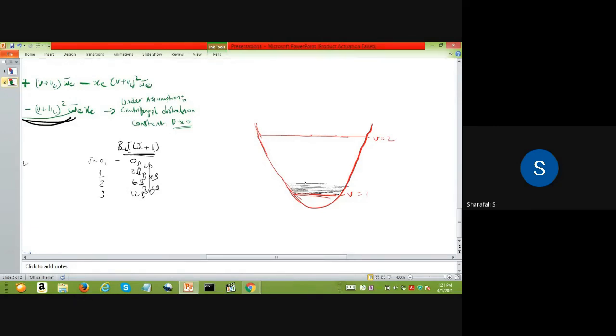Okay. So they will be very close to this V equal to 1. So in reality, if you take hundreds of energy levels, it will be reaching somewhere here. Similarly, here also we have very close energy levels, which come from the rotation of the molecule.